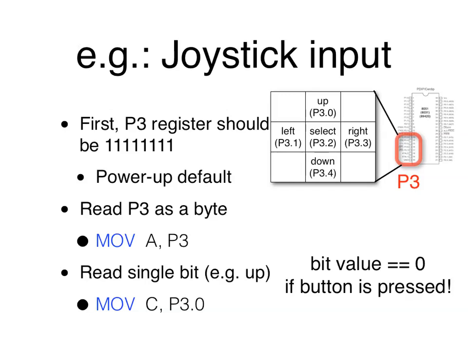So before you read from the pins, what you need to do is set them to all ones, and that's done with a simple move: you can do MOV P3, #0FFh. And then once that's the case, you can read from it. You don't have to do it every time if you know upfront that you will be using a set of pins only for input. Then at the beginning, you just initialize those to ones, or even by power-up default, GPIO pins almost always get all ones.